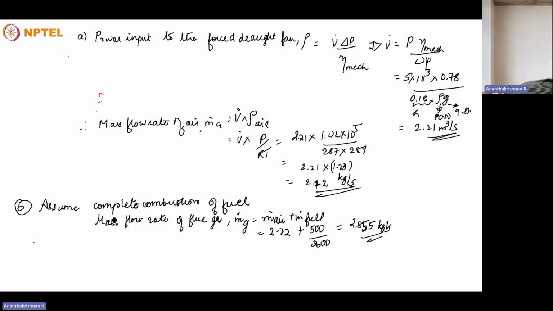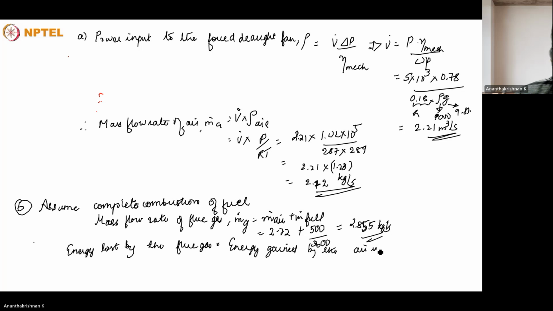So in this case, we know the energy lost by the flue gas will be equal to the energy gained by the air in the preheater. So once this is done, it's a simple energy balance.